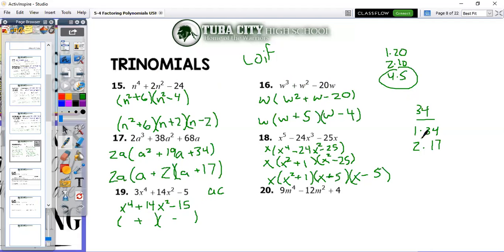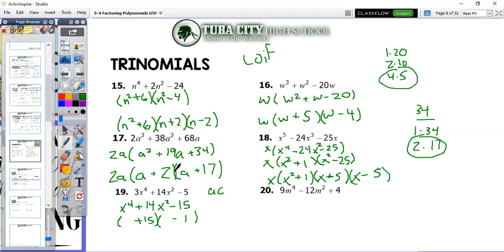When they're really, really close, that means the factors are going to be really far. So that means 15 and 1 are the factors.